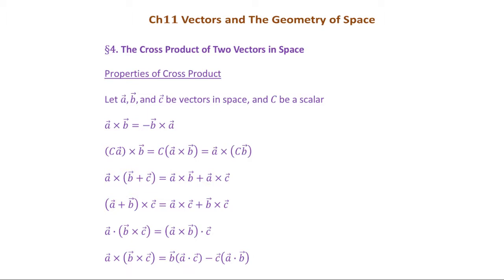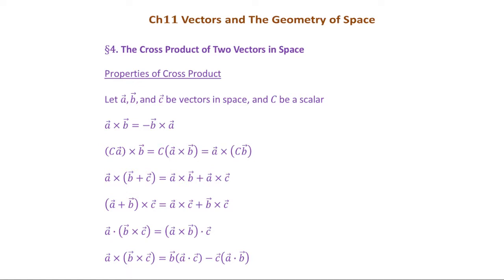You can take the dot product of this vector with vector A, and it turns out to be equal to A cross B dot C. As long as you keep the order the same, A, B, C in sequence, you can switch cross and dot.